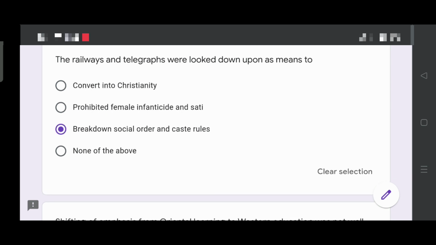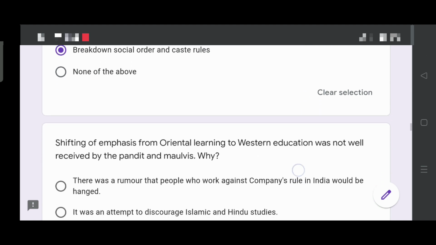The third option, break down social order and caste rules, is the right answer. In the railway compartments, people of all castes had to sit together. So this was regarded as an attempt to interfere with the caste rules.